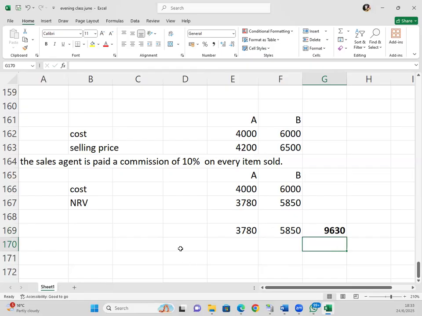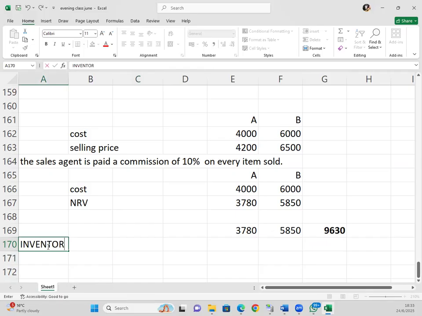Now, let's move on. Inventory valuation methods.